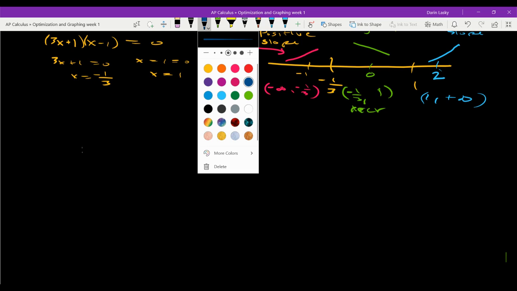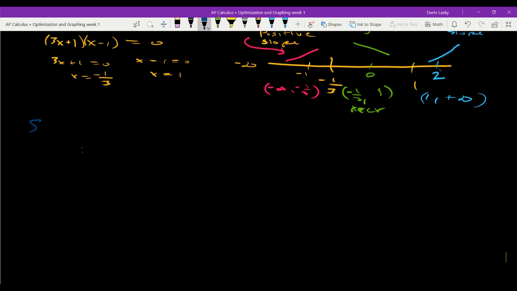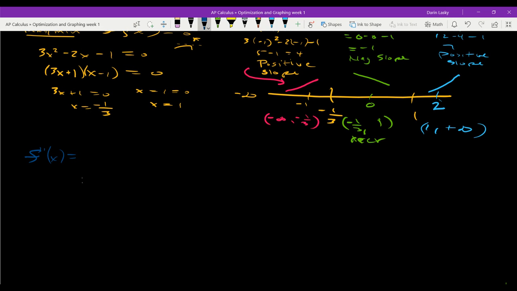So now we're going to work with our f double prime of x. If I know my f prime of x is 3x squared minus 2x minus 1, that means this one is going to be 6x minus 2.